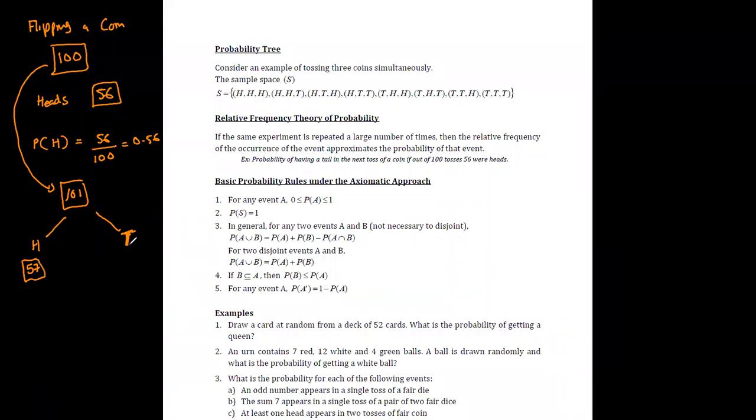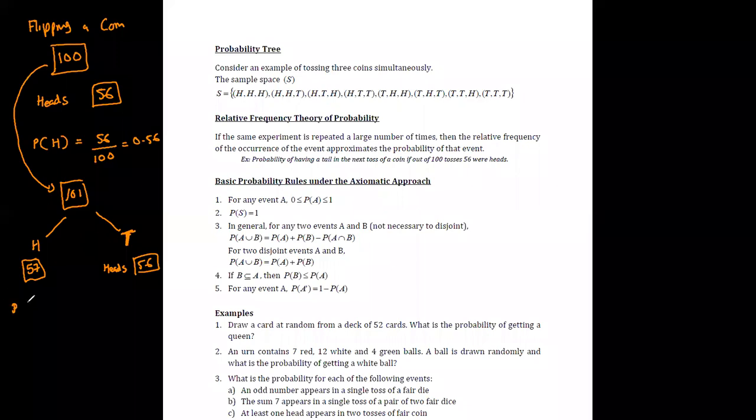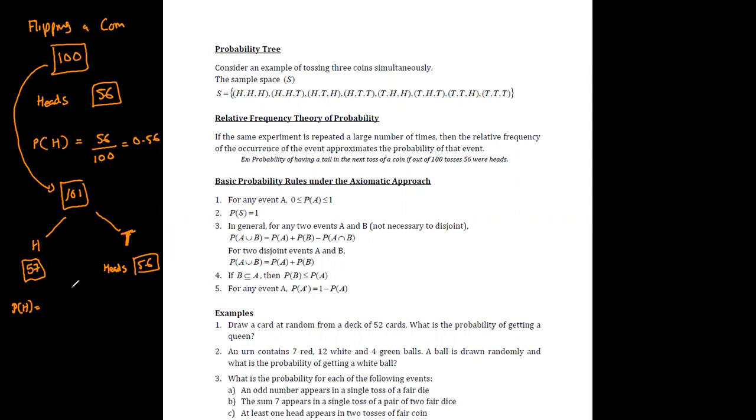But if you obtain a tail, the number of heads stays the same, exactly 56. If you calculate the probability of getting a head with a head, this would be equal to 57 divided by 101, because we have observed a head and altogether had 101 tosses.